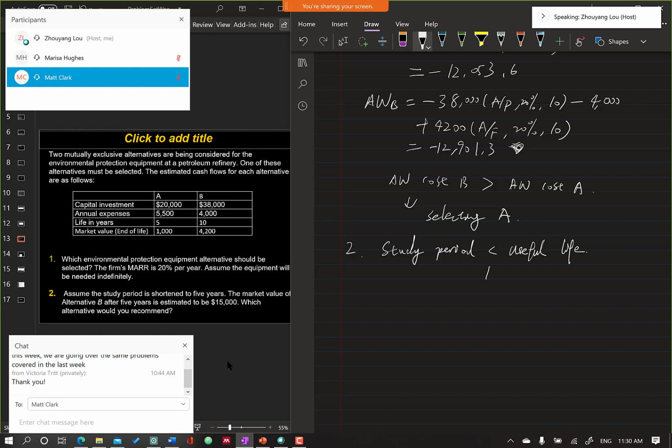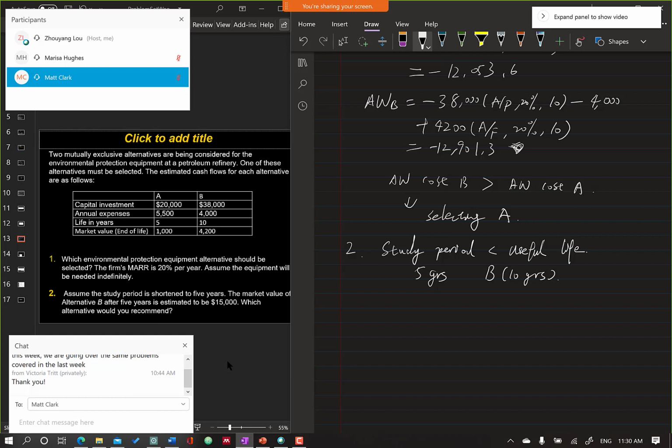In this case, that's for B, since B has 10 years and the study period is 5 years. As said in the class as well as in the textbook, when we encounter projects which have a longer useful life, we may want to get the market value.